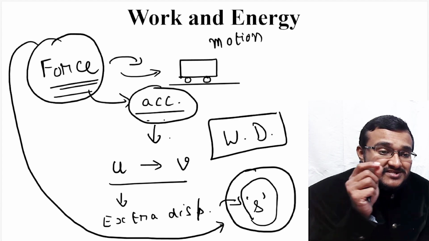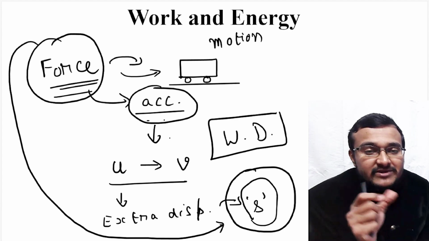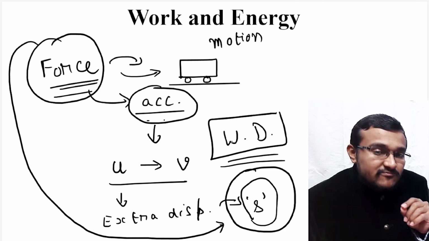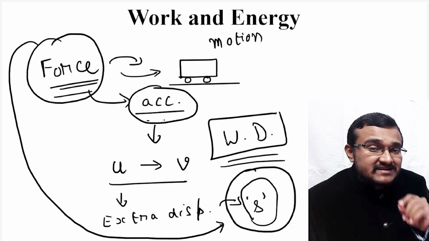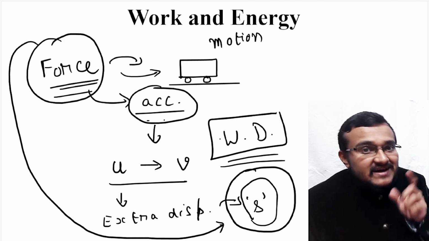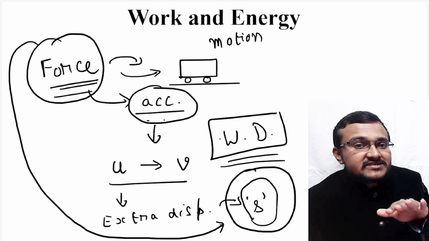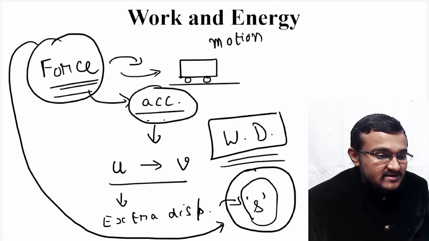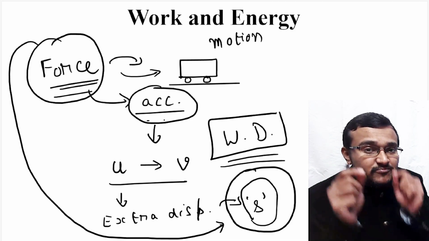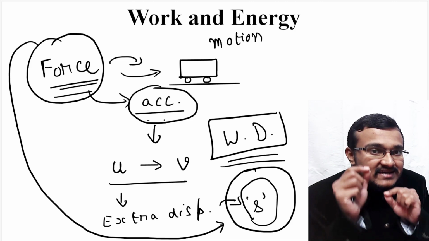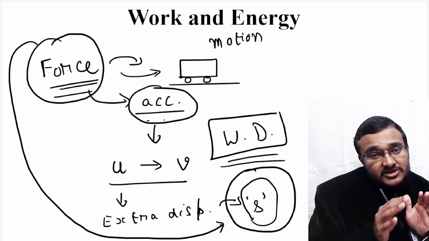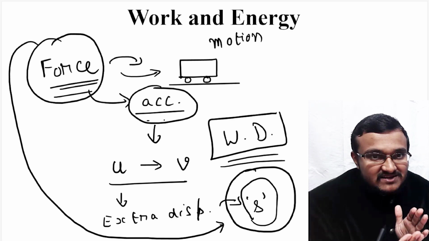Now, because this force and extra displacement are coming into the picture, there is a certain amount of work done, and that work done is nothing but the extra energy gained by that car, and that energy is kinetic energy. This work done is equal to the amount of energy possessed by that car when it got accelerated.